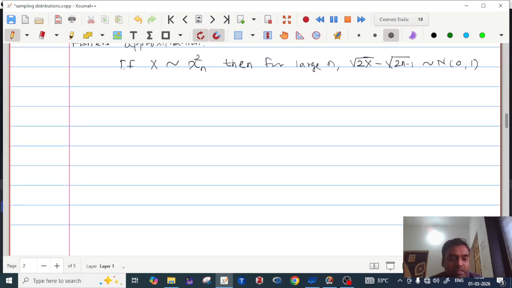The last one is the additive property of the chi-square distribution.